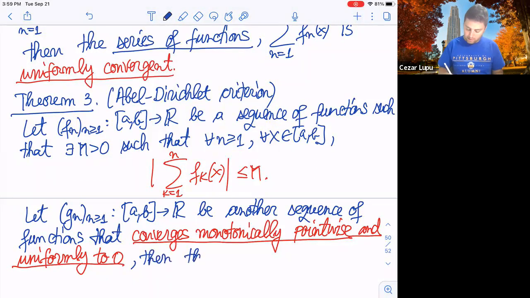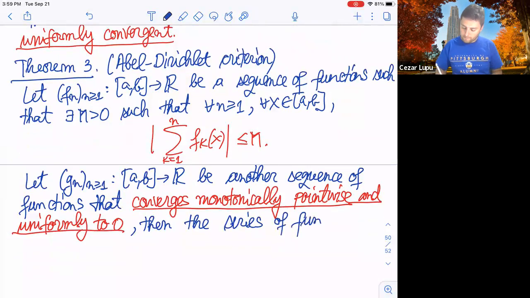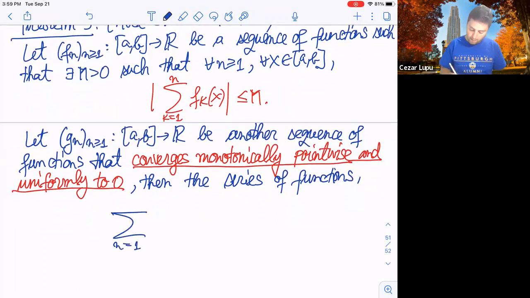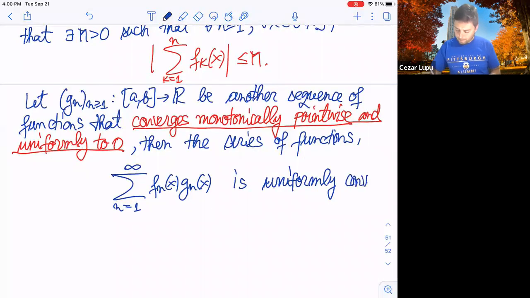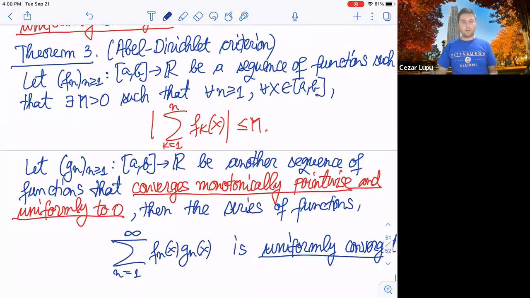The series of their product, the series of functions Fn times Gn, is uniformly convergent. So it's a very useful criterion.